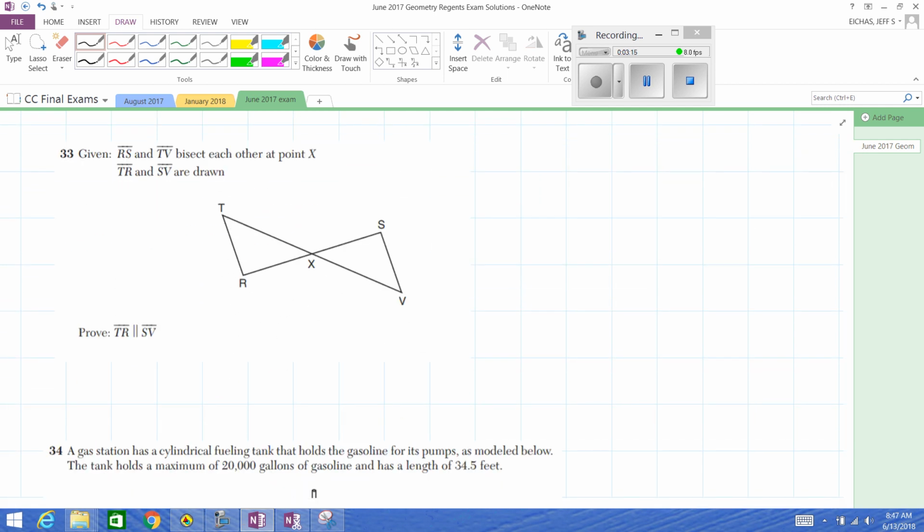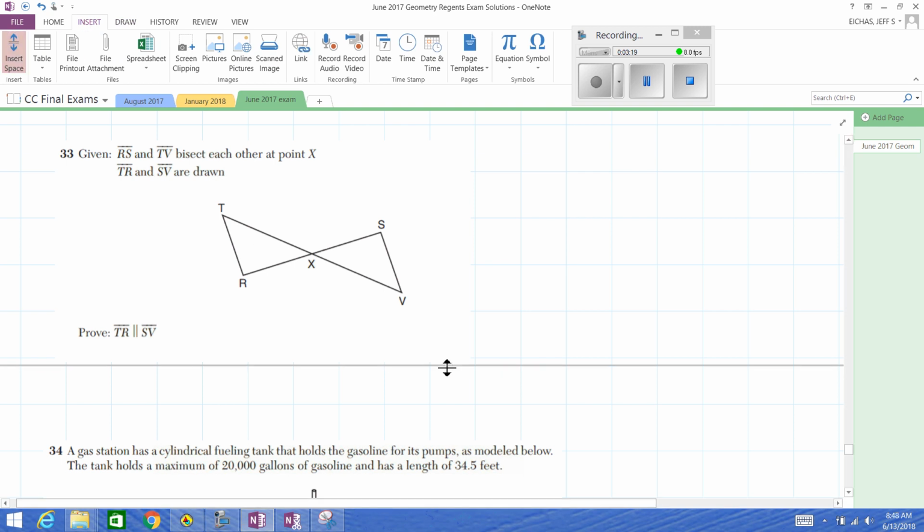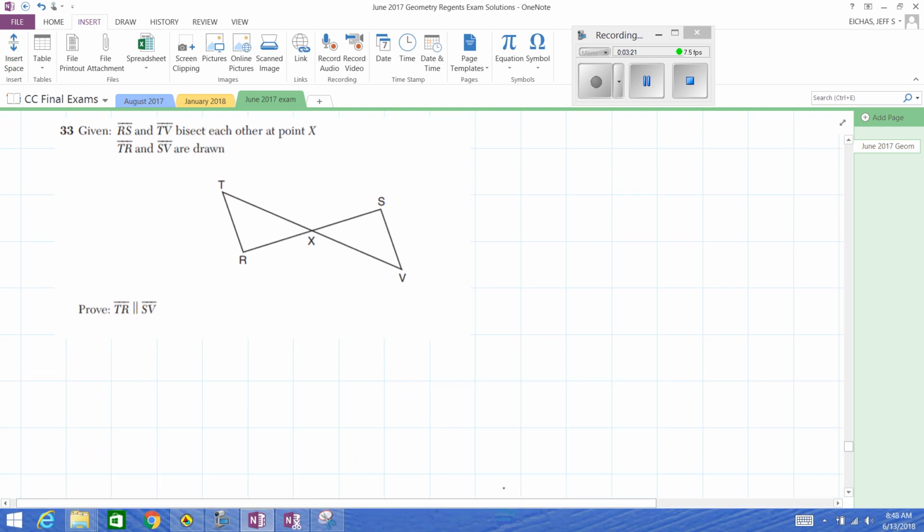Okay, another proof. The pre-proofing to this is really key. What you want to do is see how many of the moves we can make on our own. What I mean by that is we can take a given and make a move with it.